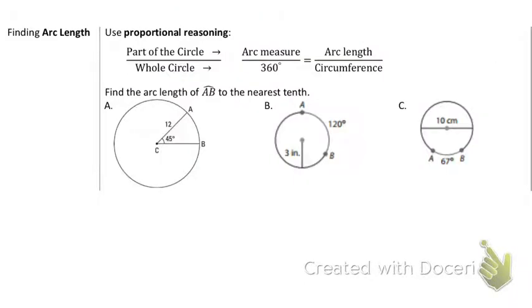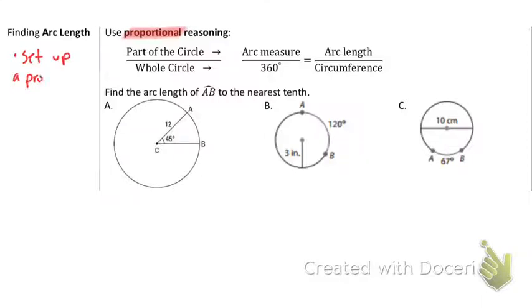To find the arc length, we're going back to the P word that we did a while ago: proportions. The key to finding arc length is to set up a proportion.